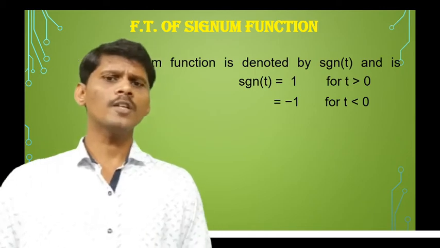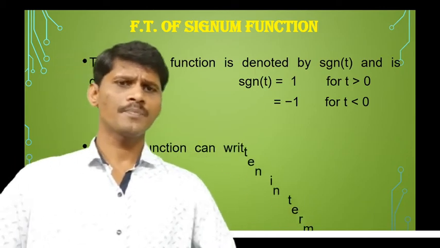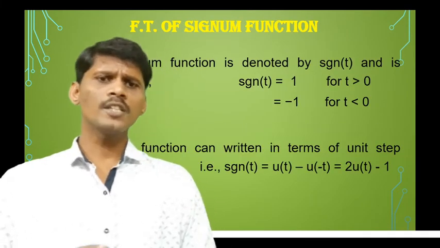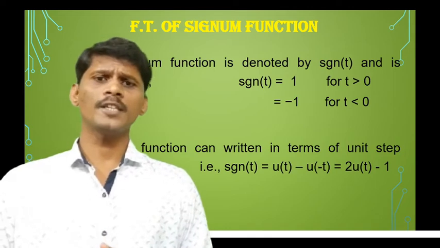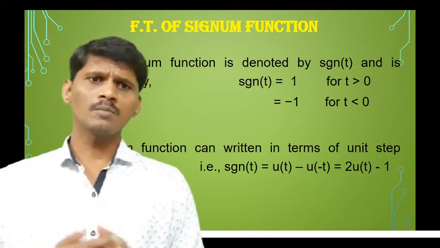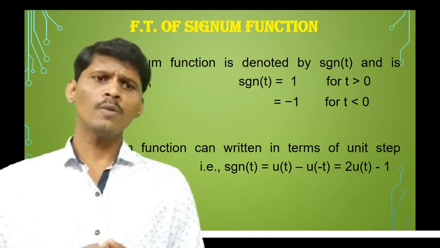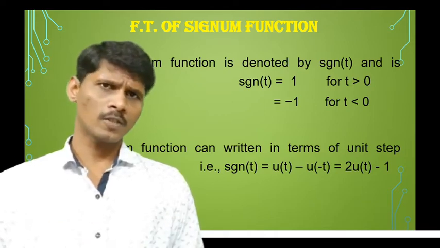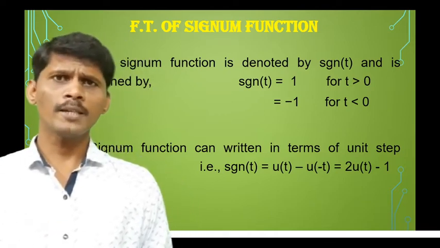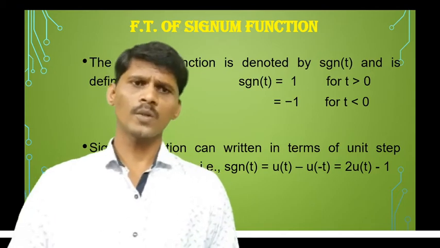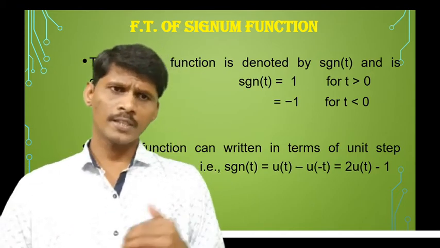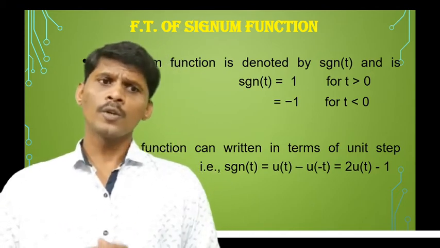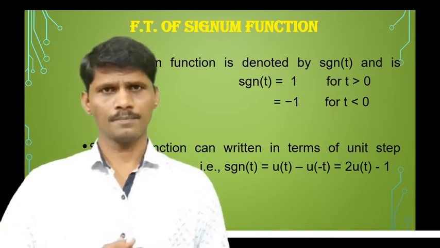So what is the graphical representation of the signum function? The signum function may also be represented in terms of the unit step function: signum of t is equal to u of t minus u of minus t, that is equal to 2 u of t minus 1.